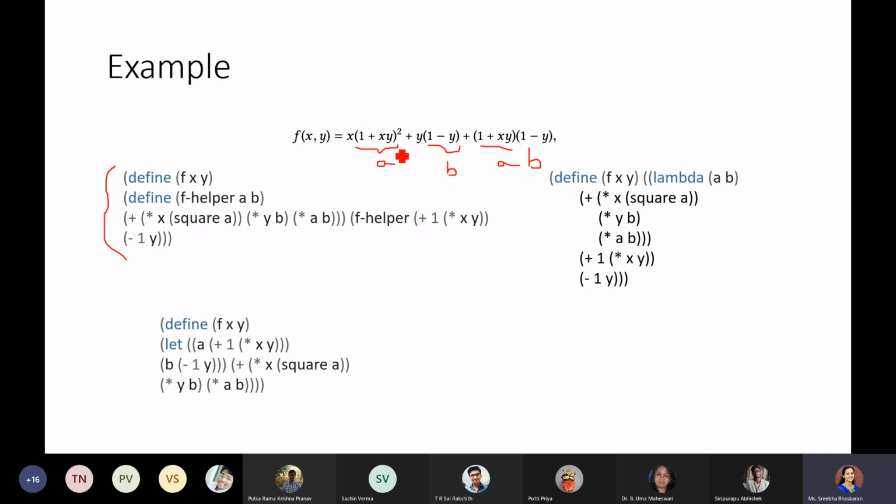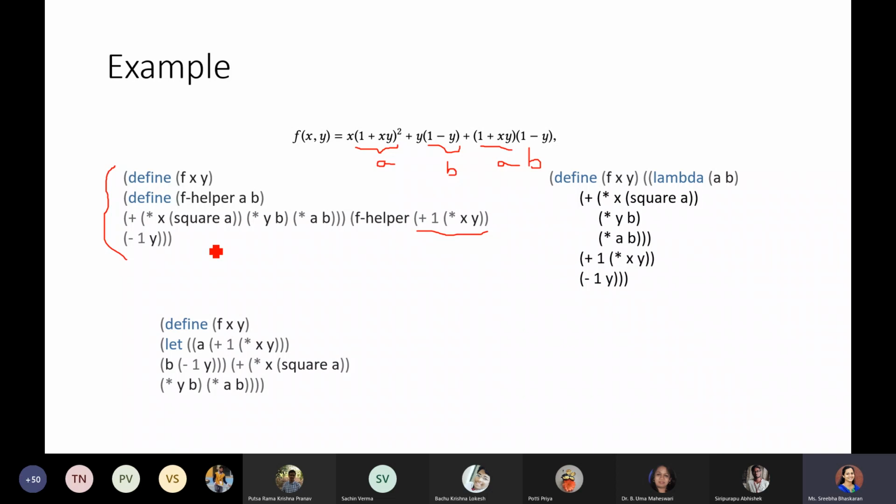My a is 1 plus xy. So I have written my a in the prefix format, plus 1 multiplication of xy, close the bracket. What about b? b is nothing but 1 minus y, so in the prefix format my b will be 1 minus y. So this is the usual way of writing our procedure by using some names.